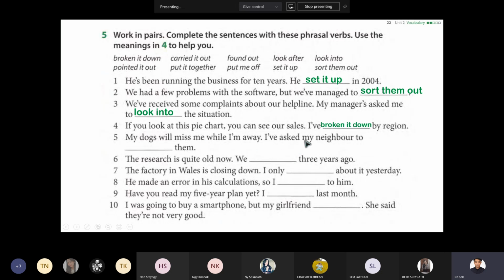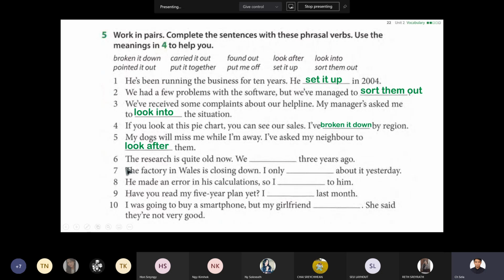I ask my neighbor to look after them. To look what? Look after. Yes, perfect. Very good. My dogs will miss me while I'm away. I ask my neighbor to look after them.